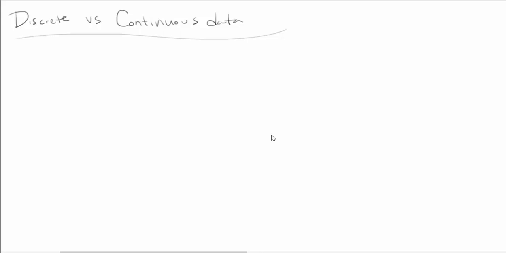In this video, I'd like to further talk about the distinction between discrete and continuous data. This is really one of the most important foundational concepts that we've talked about because depending on the type of data you have in any given variable, that determines what statistics you can run.